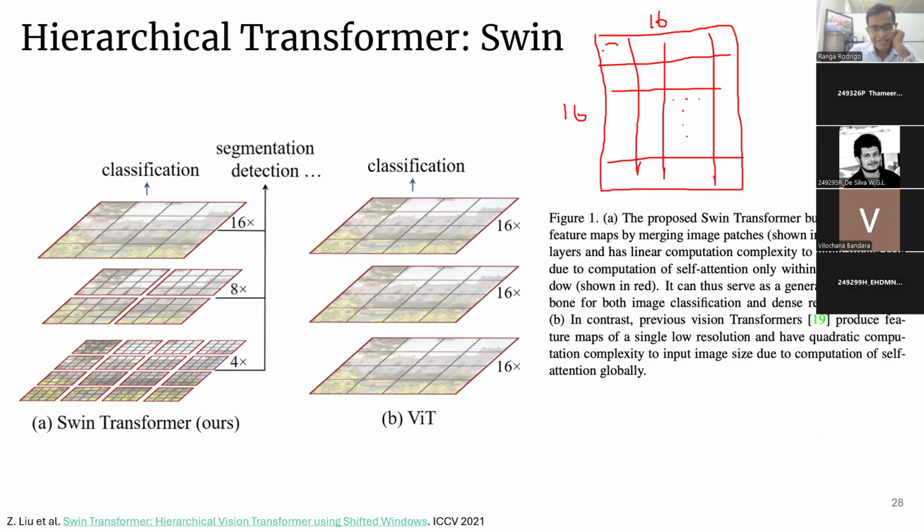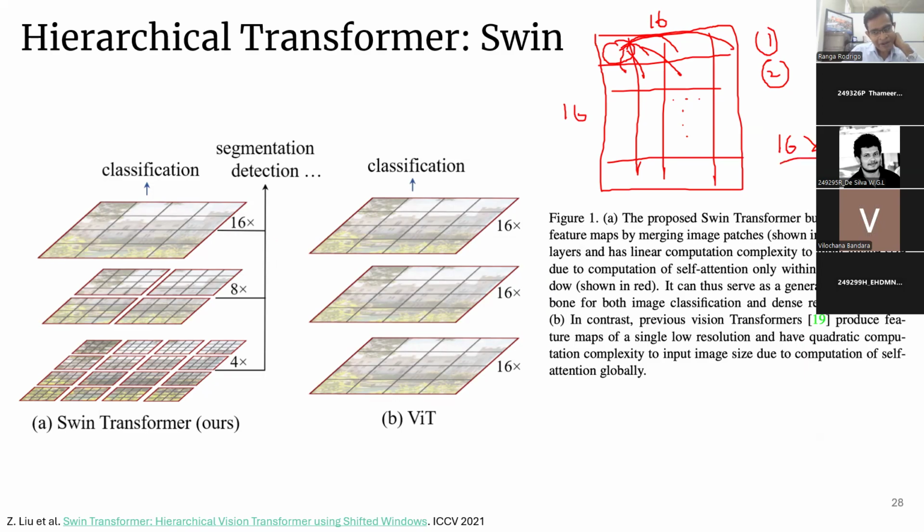Each of these patches will have to be taken, and each of them will have to attend to each one of them. So the first patch has to attend to 16 of them. Okay, 15 of them. The second patch has to attend to 15 of them.